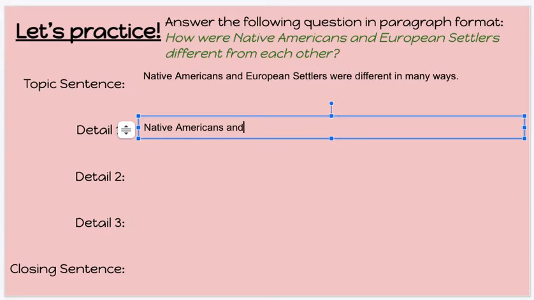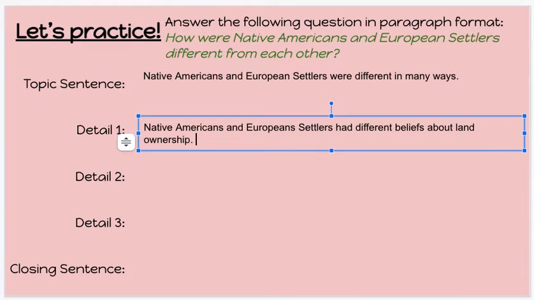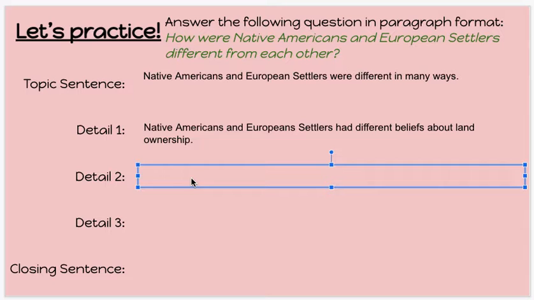Native Americans and European settlers had different beliefs about land ownership. So that might be one. I could give more information about that.